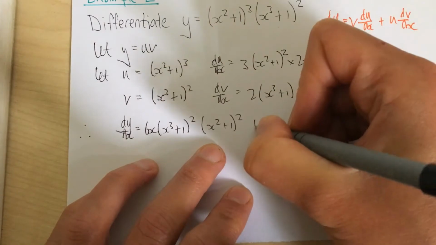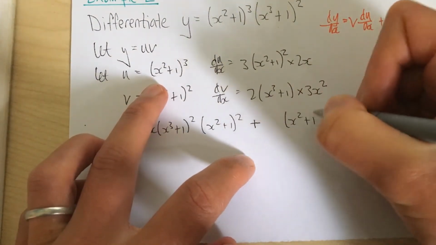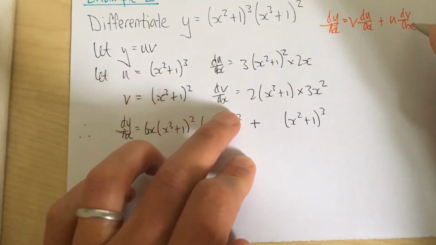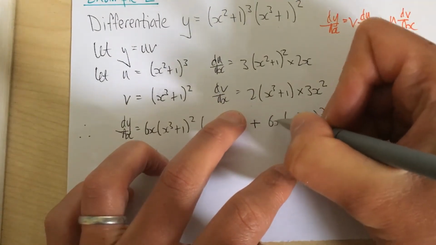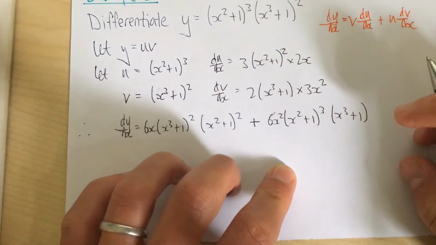Continuing with the product rule, I'm going to add u, which is x squared plus 1 cubed, and multiply that by dv dx, which is over here. 2 multiplied by 3x squared is 6x squared, and then I've got an x cubed plus 1 here as well.